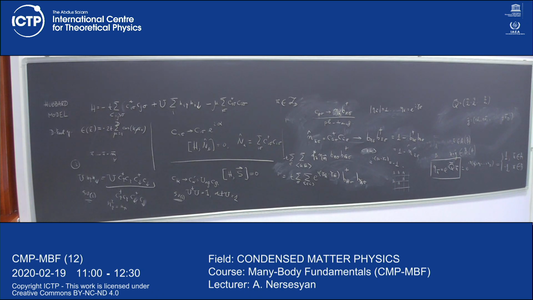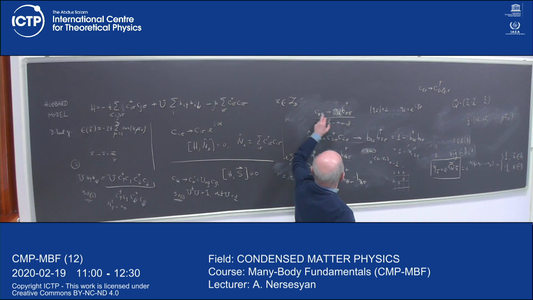You may ask, what happens in momentum space? It's a good question. In momentum space, what happens is the following: c_{k,σ} transforms to c†_{k+Q,σ}. Why is it so?